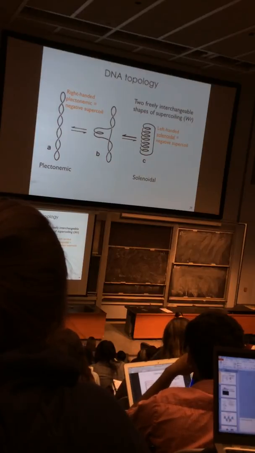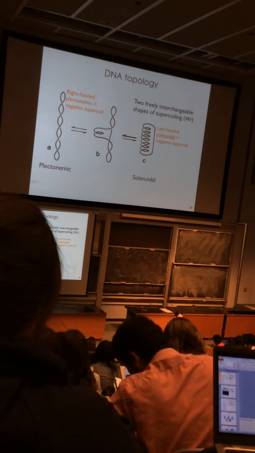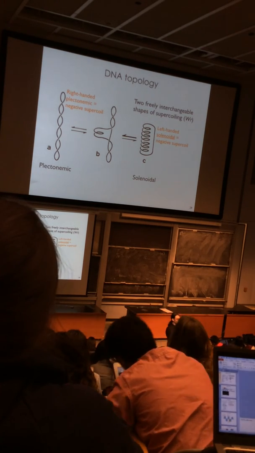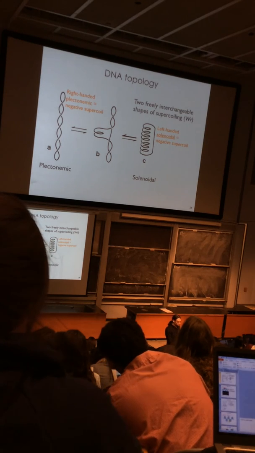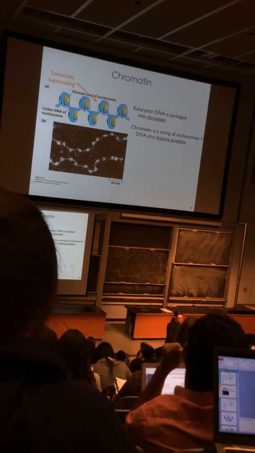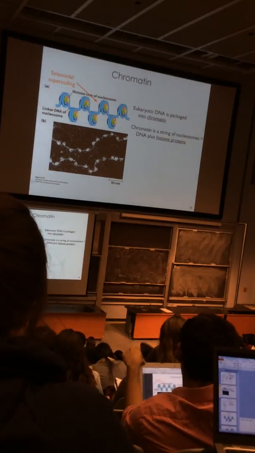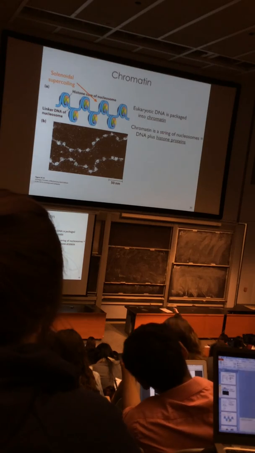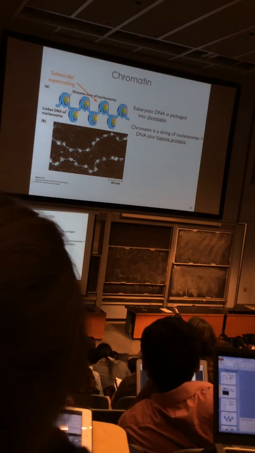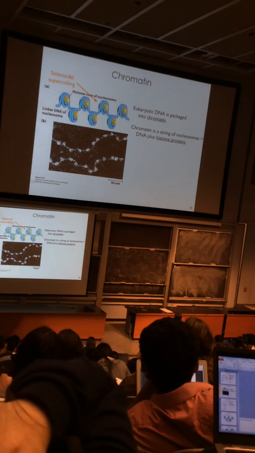In eukaryotes, though, the supercoiling is actually of this solenoidal type because the DNA in eukaryotes is wrapped around histones in the chromatin. So eukaryotic DNA is packaged into these histones, packaged into this chromatin, where you can see that the double-stranded helix wraps in a solenoidal way around these histone proteins.